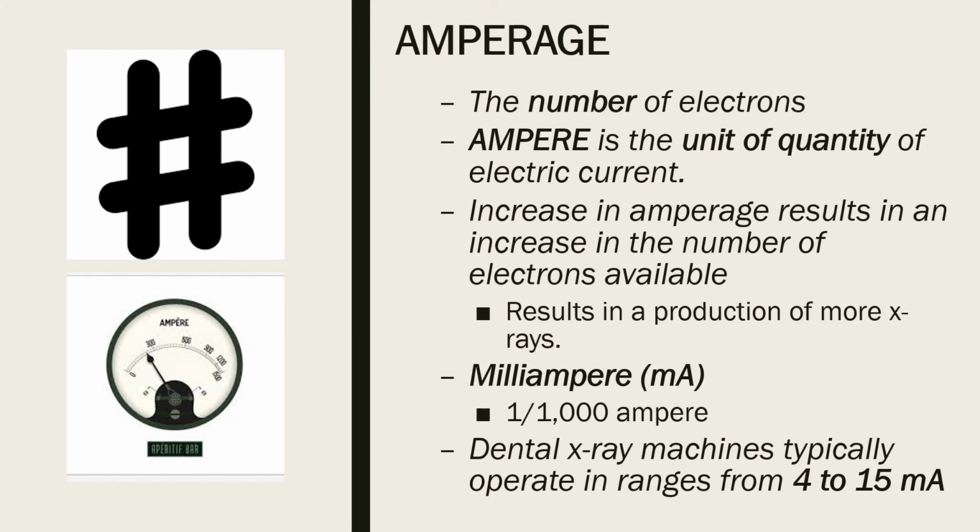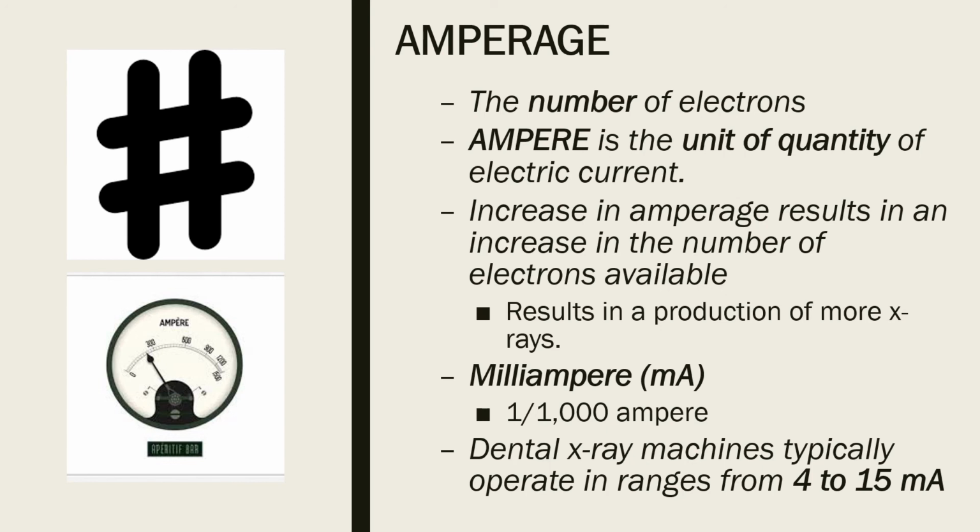Dental X-ray machines use a small quantity of amperage that is measured in milliampere. So a small amount of electricity is needed to operate an X-ray machine, and 1 ampere is 1000 milliamperage. Most dental X-ray machines operate at 4 to 15 milliamperage.